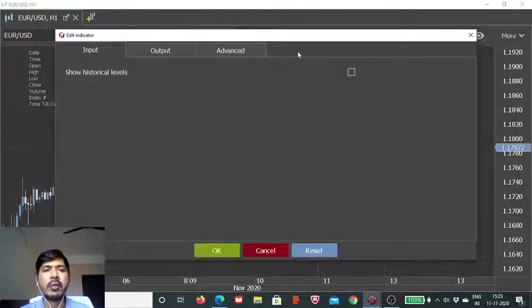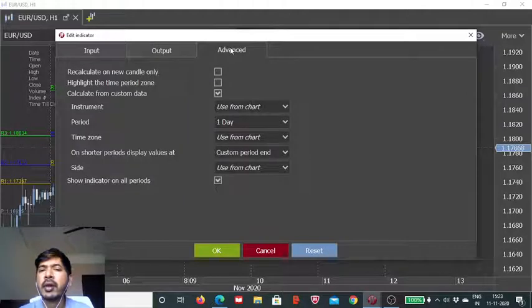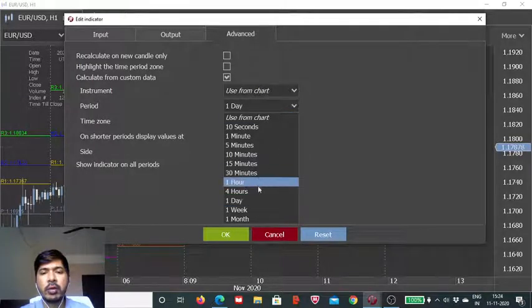Now this is being plotted for the intraday. I will also use the historical level, so it will be much easier to gain insight into how this indicator works. You can also go down and lower the time frame, but that doesn't really make much sense.